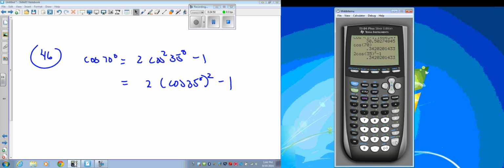Now, they're the same. Notice that it sets it up this way, with the square on the cosine.